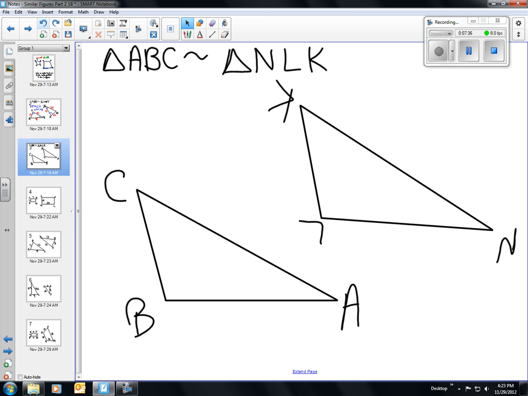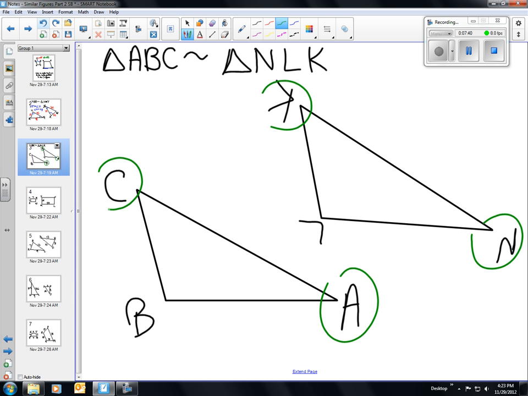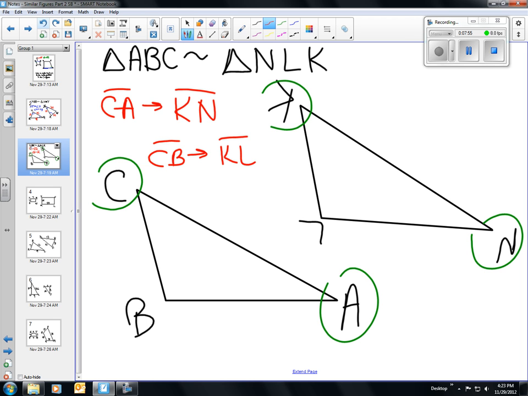So A matches up with N, K matches up with C, and B with L. The corresponding sides are CA corresponds to KN, and CB corresponds to KL.